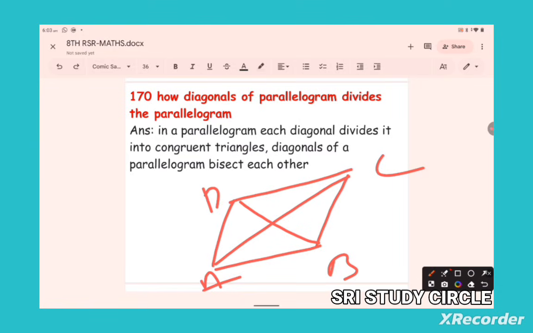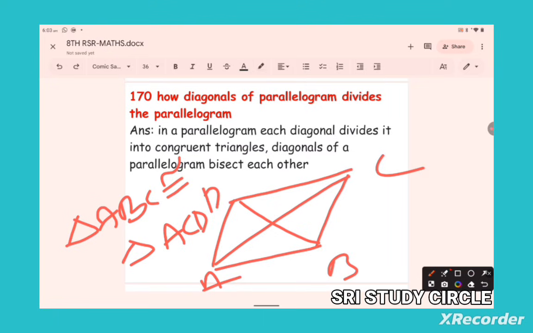That means AC divides ABCD into two congruent triangles: triangle ABC is congruent to triangle ACD. Likewise, diagonal BD also divides it into two congruent triangles: triangle ABD is congruent to triangle BCD. So a diagonal of a parallelogram divides it into two congruent triangles.